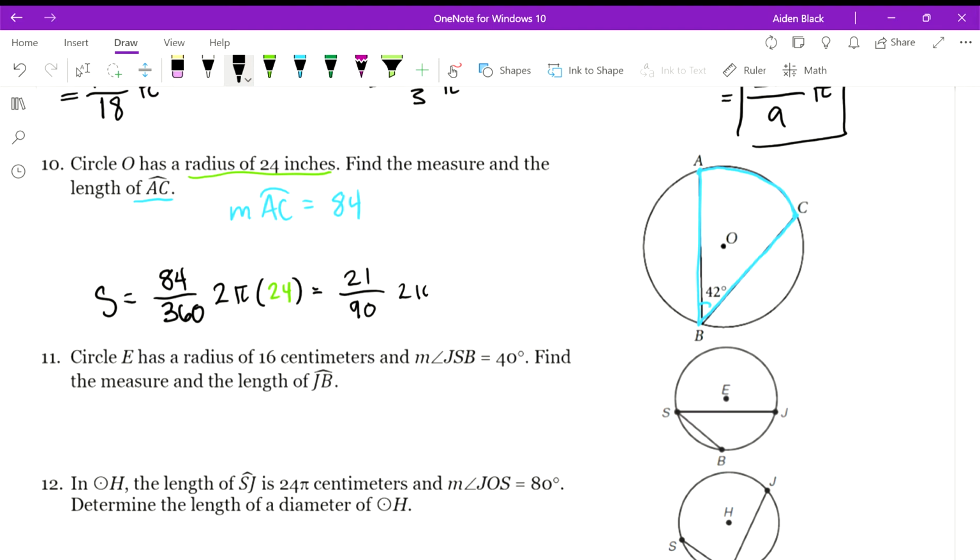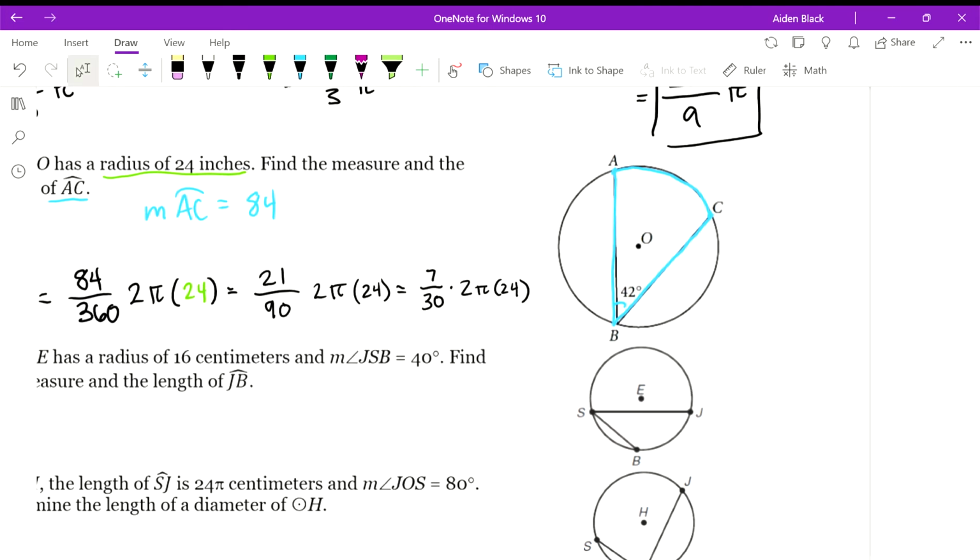2 times pi times 24. So if we divide the top and bottom of that fraction by 3, we get 7/30 times 2 pi 24. Can we simplify this? Well, let's start by evaluating 2 times 24. It's 48 pi.